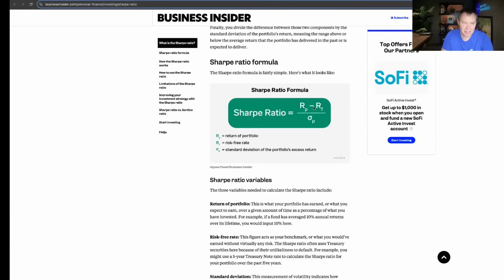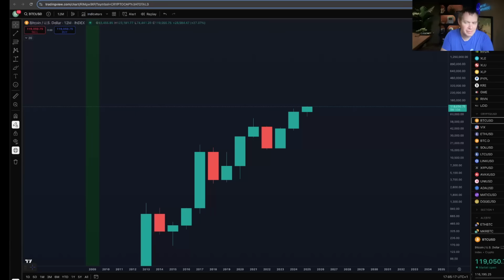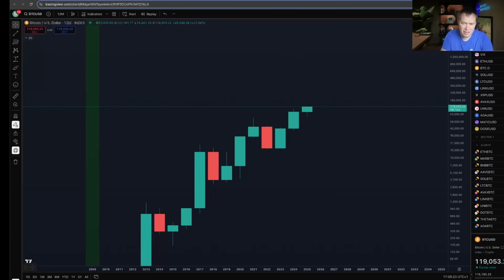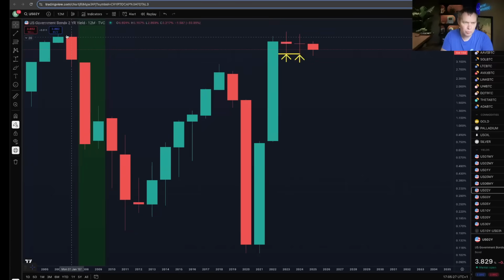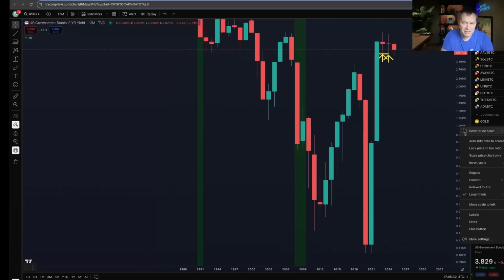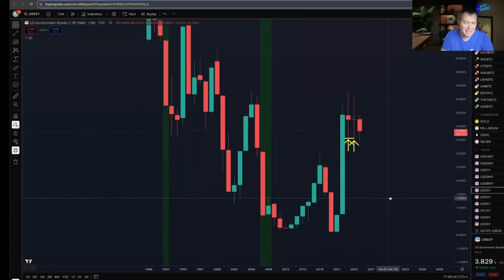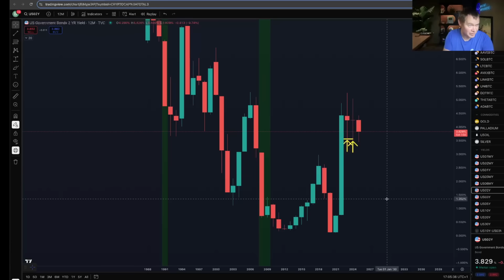The next one is the risk-free rate. Well, what's the risk-free rate? The risk-free rate, in this case, the way I like to think about the risk-free rate, and I think a lot of other people do as well, is the 2-year yield. Think about the 2-year yield as the risk-free rate, right? The 2-year yield is basically what you can go get in, say, like a CD, a certificate of deposit, a T-bill. It's relatively risk-free, right?